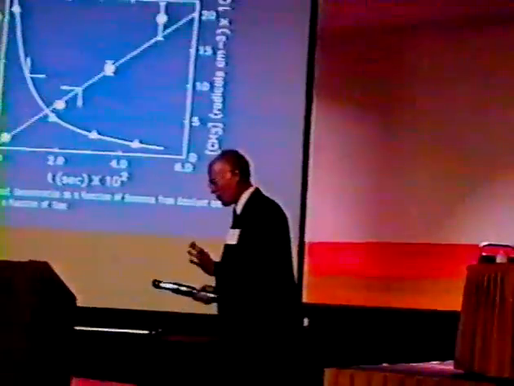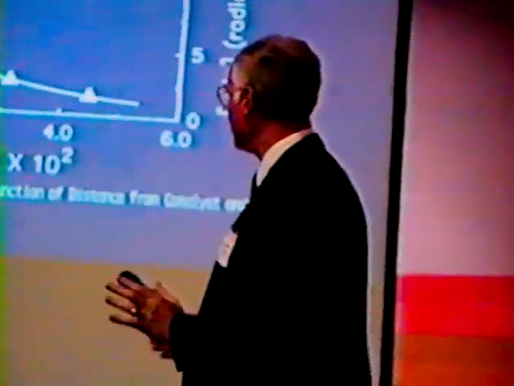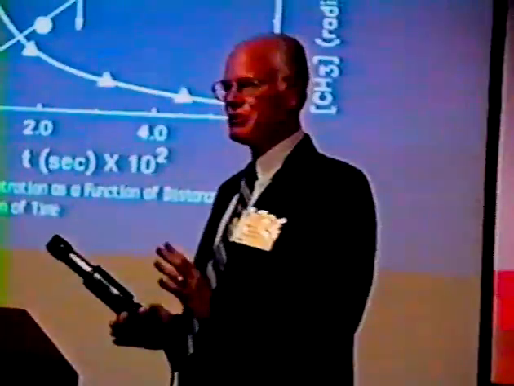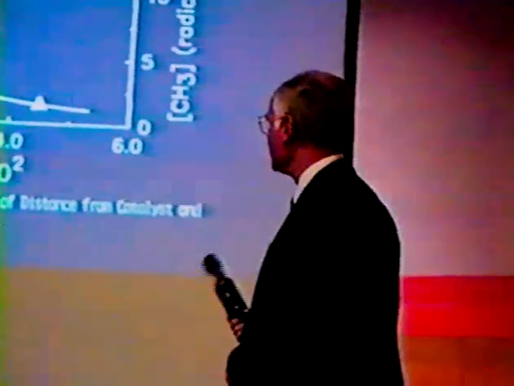Well, the qualitative relationships are nice and provide us some information, but one could always ask the question, are you just seeing a relationship, a proportionality between what appears in the gas phase and what really occurs on the surface? Are you really generating enough radicals in the gas phase to account for the C2 products that are being observed?